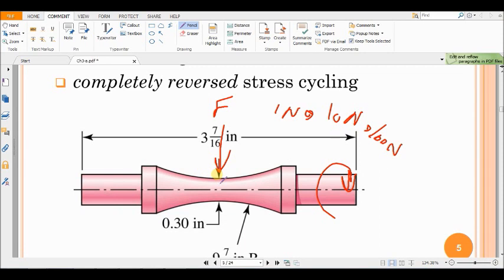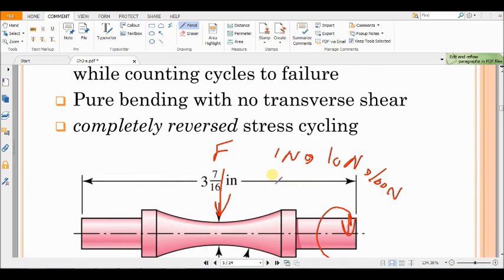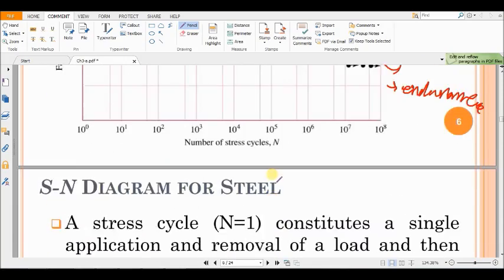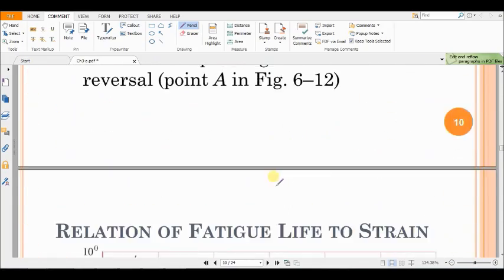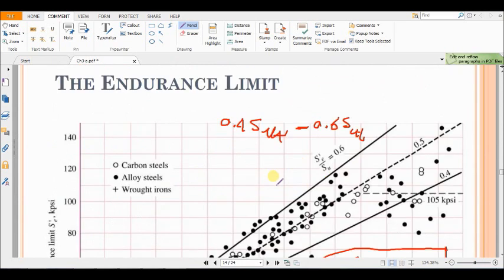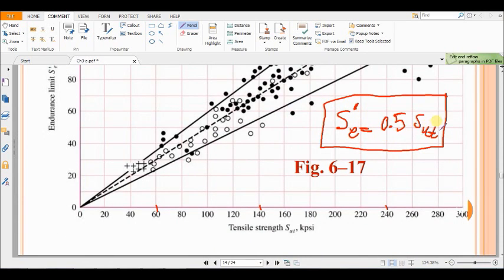The temperature of operation is different, and the surface quality of that particular shaft is different, because normally a lab sample has a very smooth surface finish. So we use this prime symbol at the top to show that this is the endurance strength of the material under lab condition.